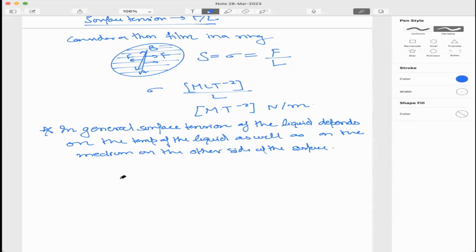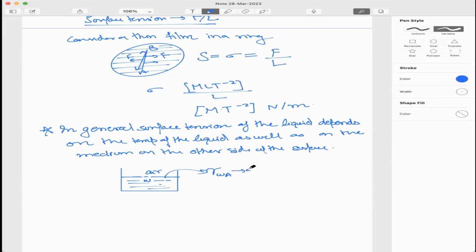In a more generic way, if you see a pool of water and a fluid here, that is the free surface. Gamma here is defined for water against this fluid.